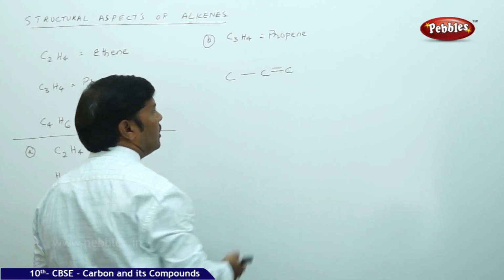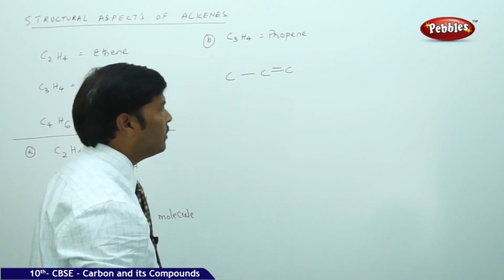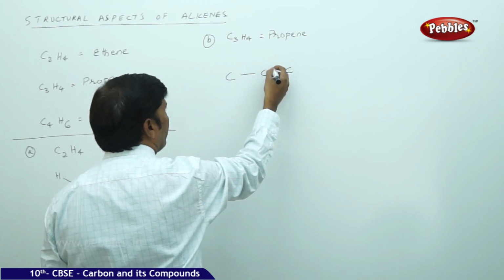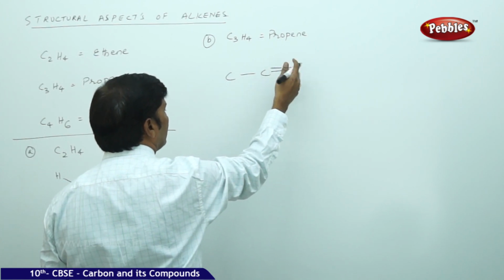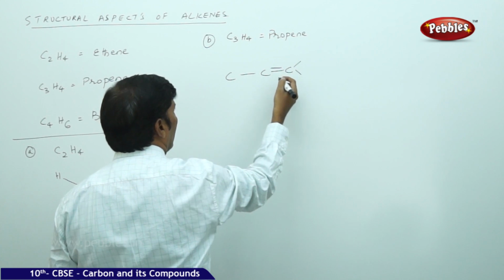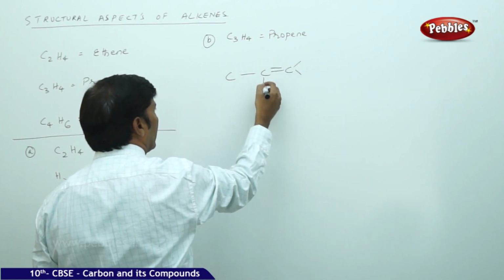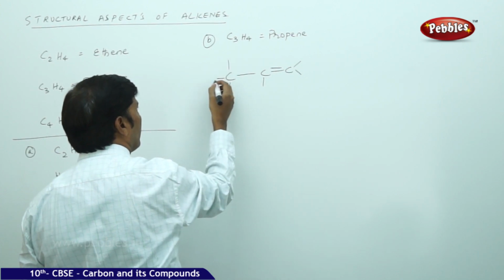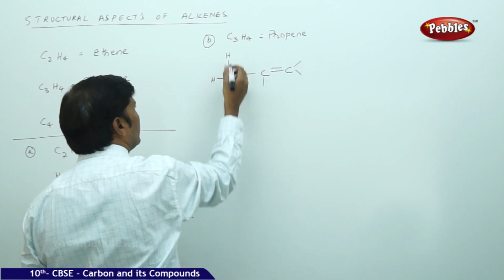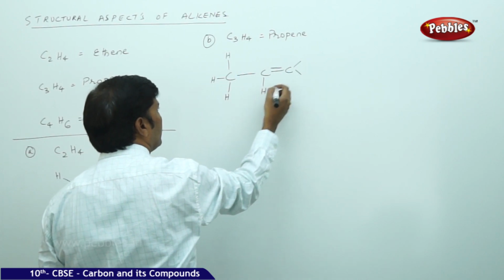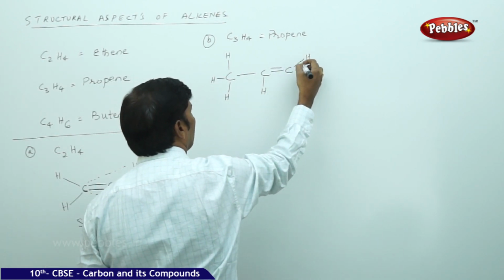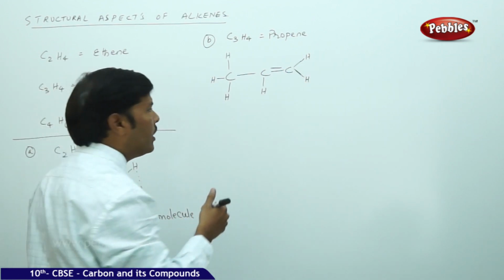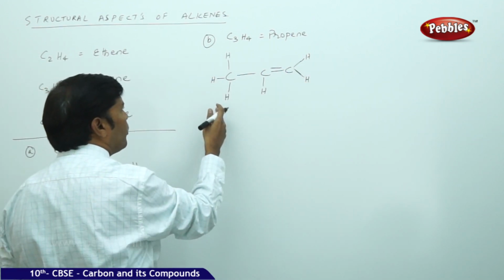So I am creating the double bond between the first 2 carbons from the right side to the left side. Because every carbon is tetravalent, you add 2 bonds here. Here we have 3 bonds, so attach 1 more bond. Here we have only 1 bond, so you take another 3 bonds. Hydrogen, hydrogen, hydrogen, hydrogen. Here 1 hydrogen, and here also 1 hydrogen. So this is nothing but propene.